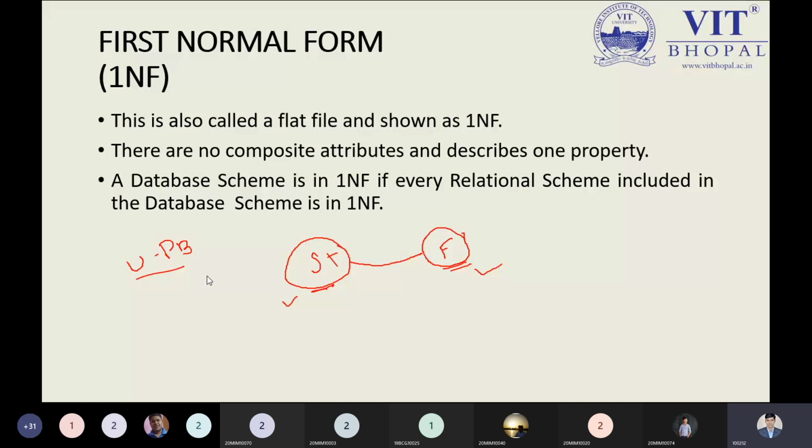Next point: a database schema is in first normal form if every relational scheme included in the database scheme is in the first normal form. I'm speaking once again, this is the key term you have to keep in mind. A database schema is in first normal form if every relational scheme included in it is in first normal form.